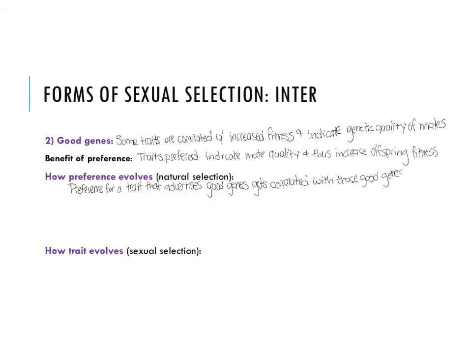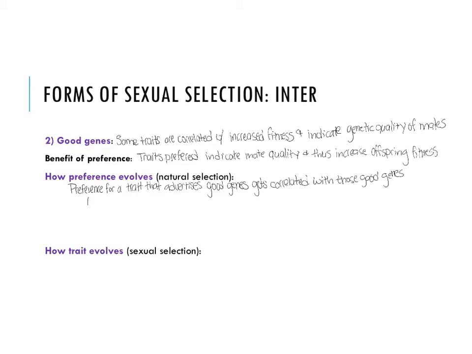Right? So if you prefer a particular trait and that trait indicates good genes, by chance, you are producing offspring that have both the preference and the genes, right? So you're going to end up correlating the preference with the genes.